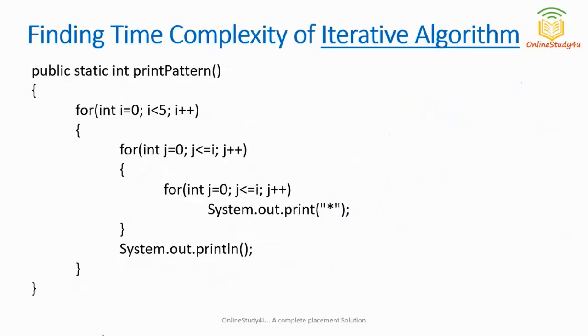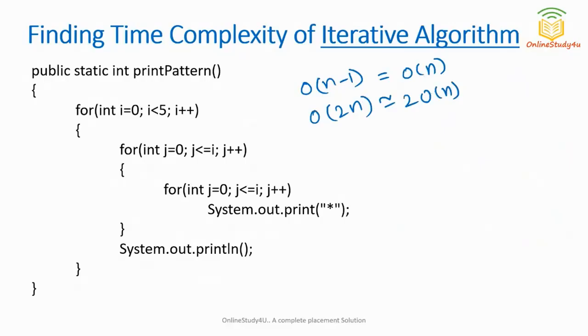I think I should tell you why we ignore 2: because it is a constant term. Let me tell you. If we have something like order of n minus 1, we can ignore the minus 1. It can be written as order of n. If we have something like order of 2n, this is similar to 2 into order of n.